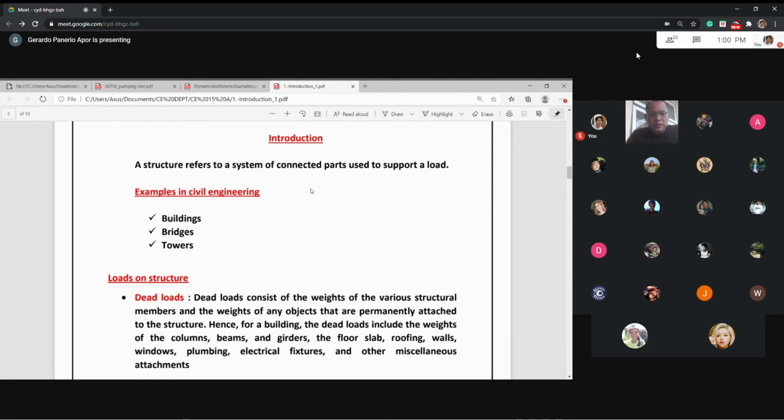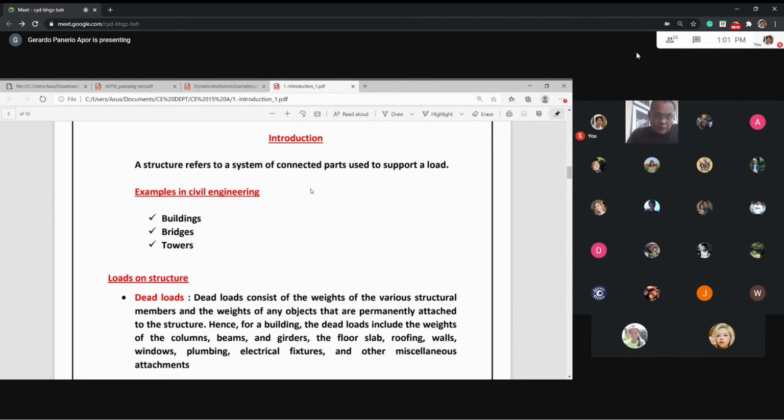Special buildings, like if you are going to construct a bunker, must resist blast due to explosives. Or if you are going to make a doomsday structure.